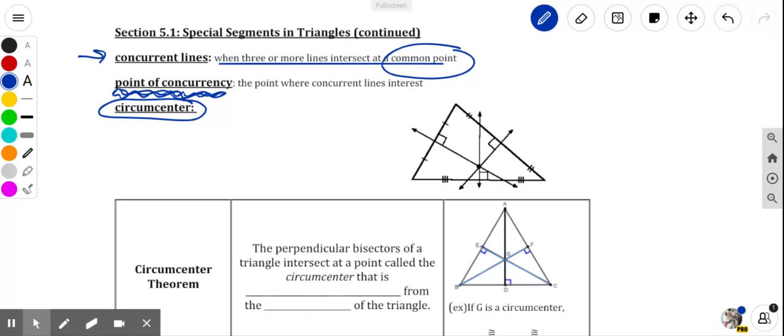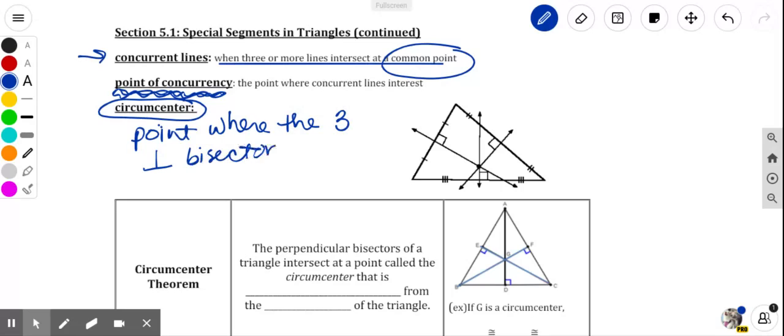The circumcenter is the point where the three perpendicular bisectors intersect. So as you can see in this picture here, this is a circumcenter because each of these three lines are all perpendicular bisectors.